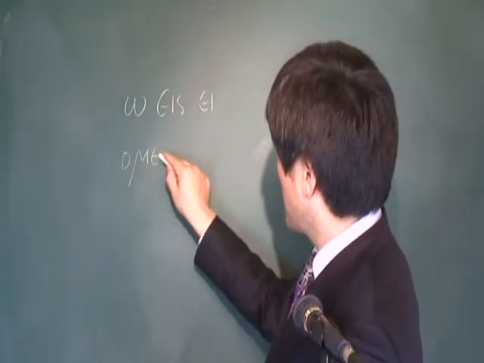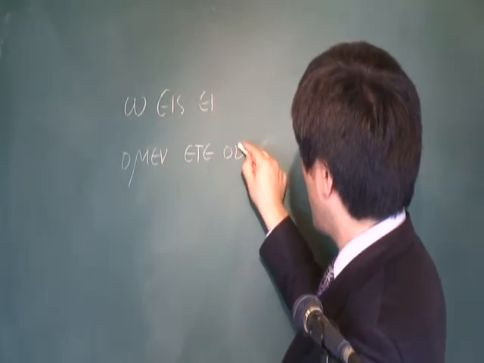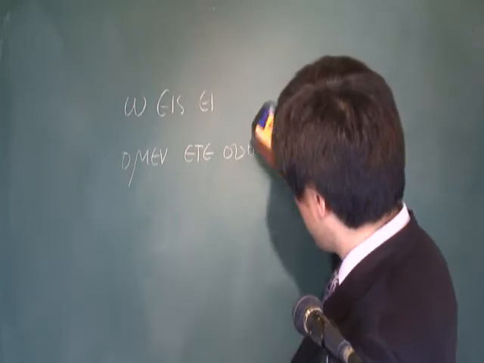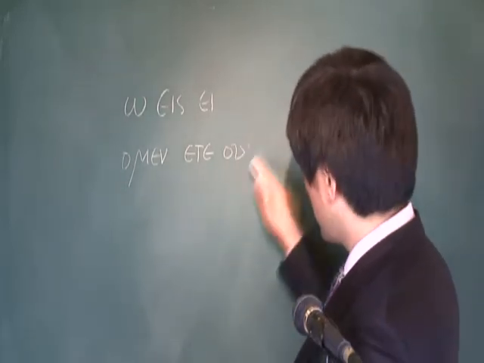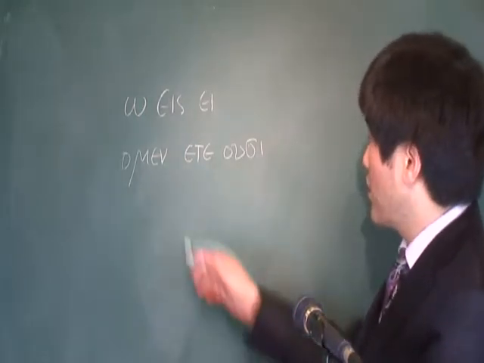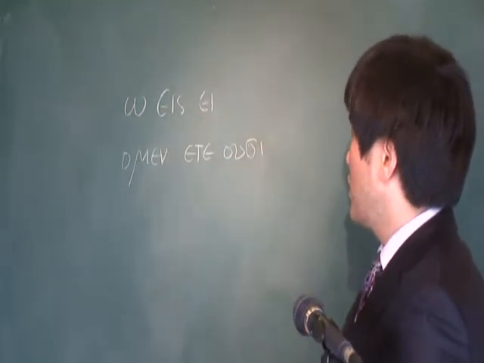Next, the second declension masculine. Please read along. Os, u, o, on, e, oi, on, ois, us, oi.